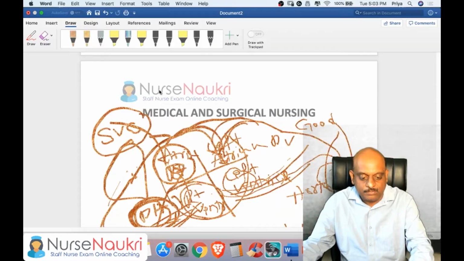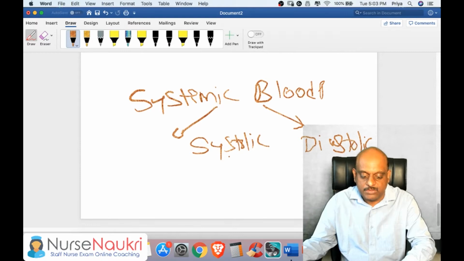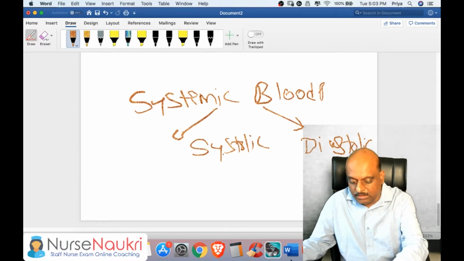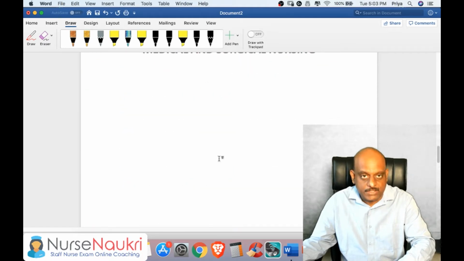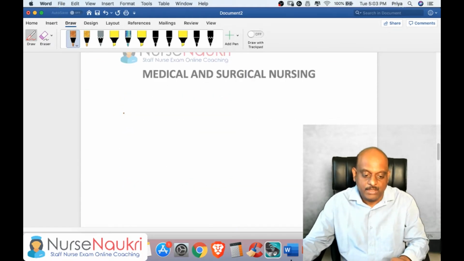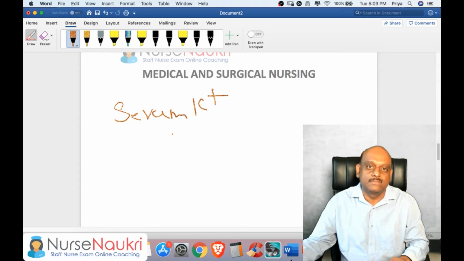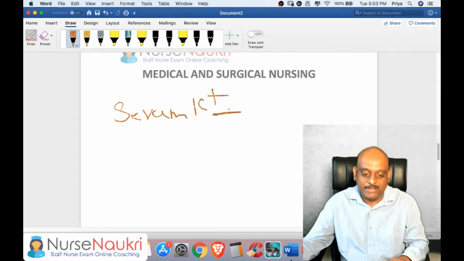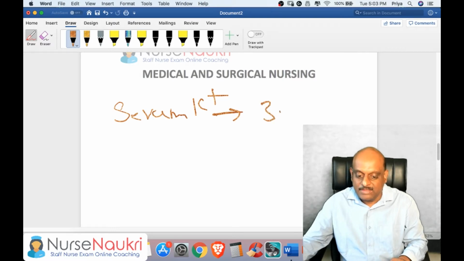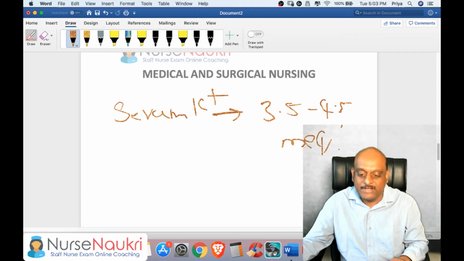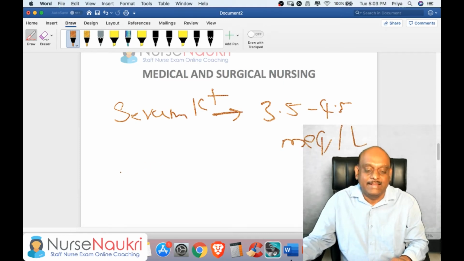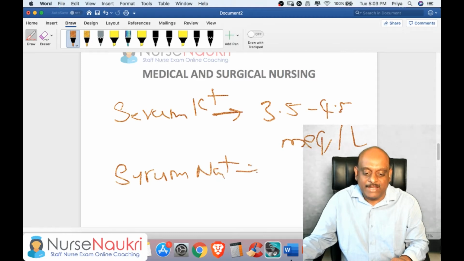So you should know a little bit about serum potassium levels. What is the normal value? You should be very sure on these terms. 3.5 to 4.5 milliequivalents per liter. Serum sodium, what is the normal value?